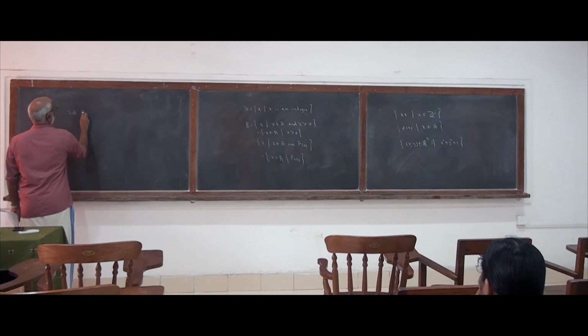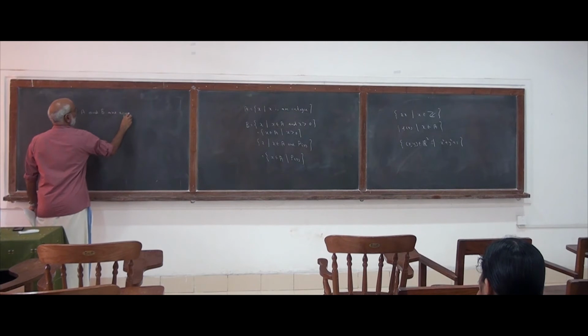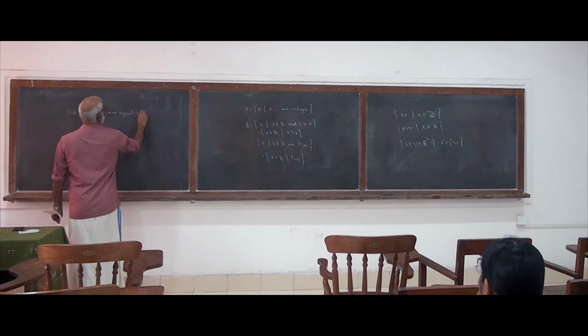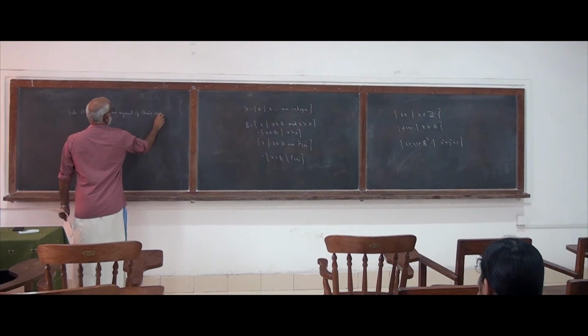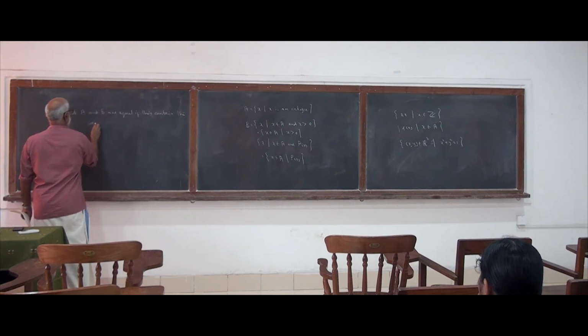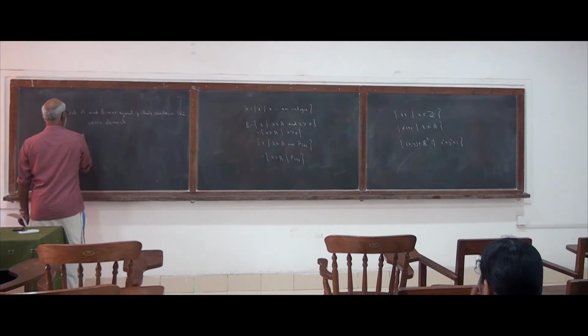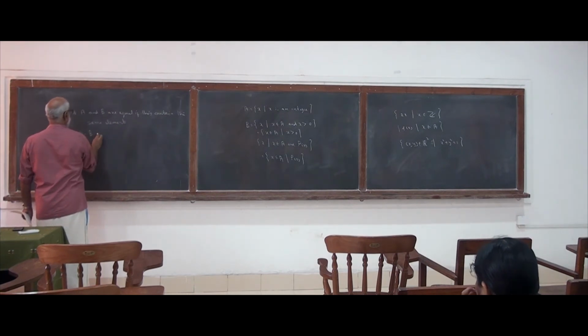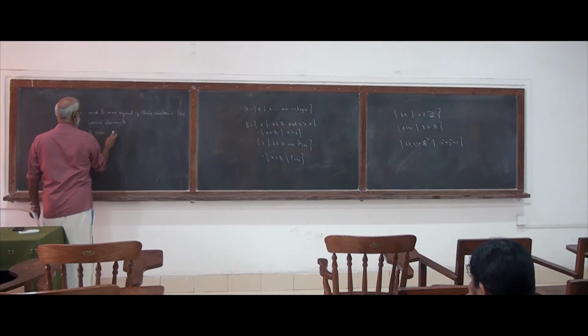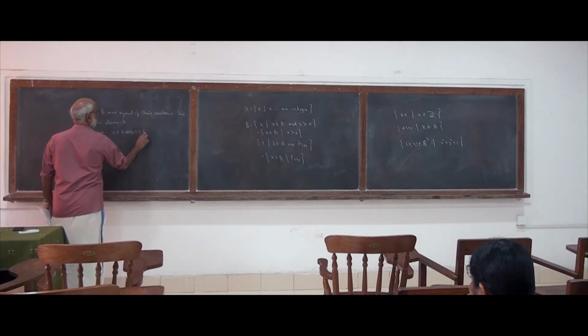Sets A and B are equal if they contain the same elements. That is, A is equal to B if and only if x is an element of A if and only if x is an element of B.